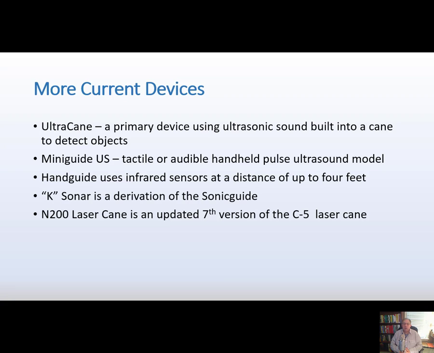It comes with a belt clip to keep it on your belt while you're not using it. It is an audible chirping, and it has a tactile display as well. And those change as the objects become closer. But because of its 4-foot capacity, it's limited in finding landmarks until you get very close to them.